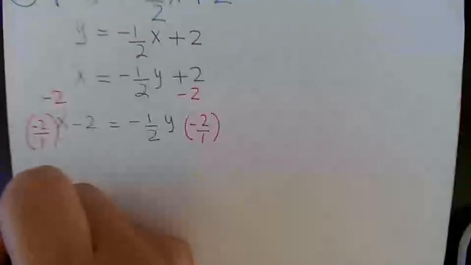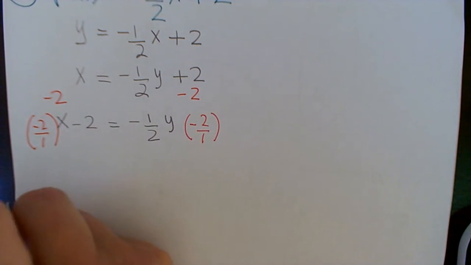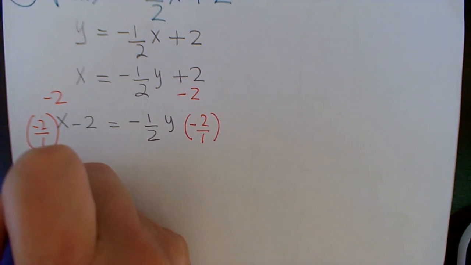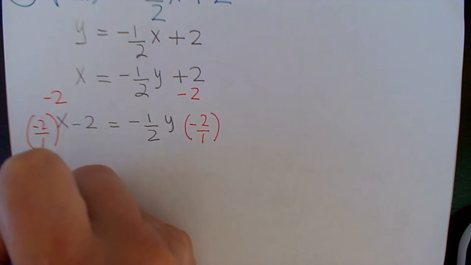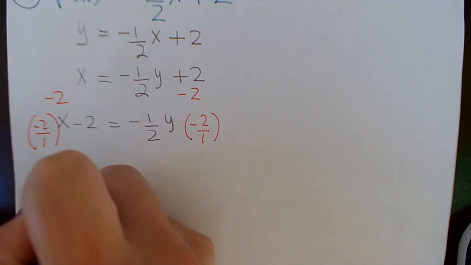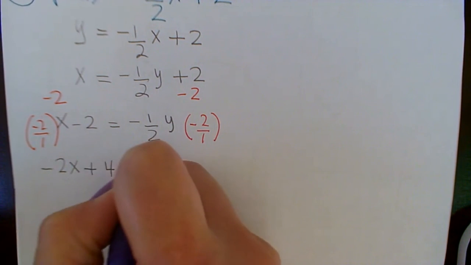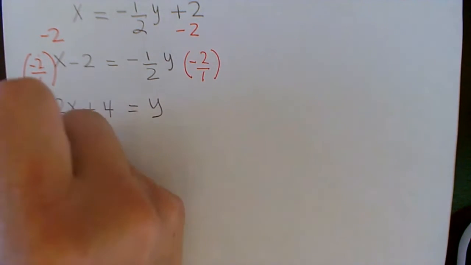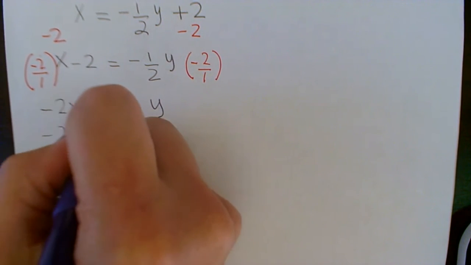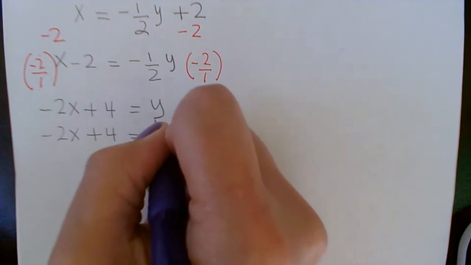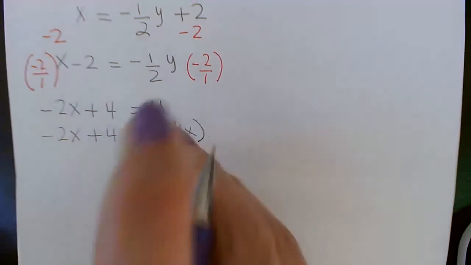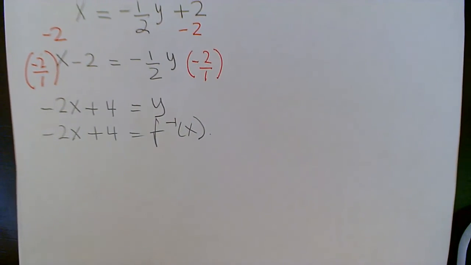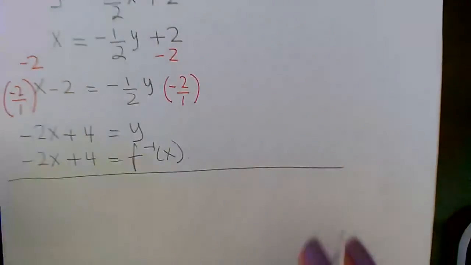Okay, so that will be negative 2x plus 4 equals y. And the last step, we gotta change this to the inverse of x. Now we're gonna check this.